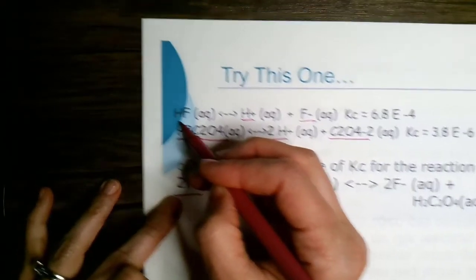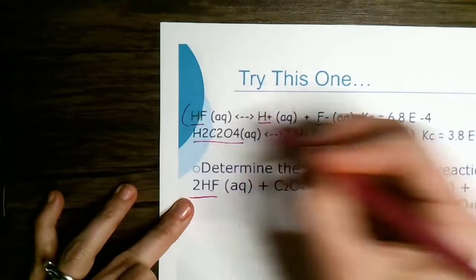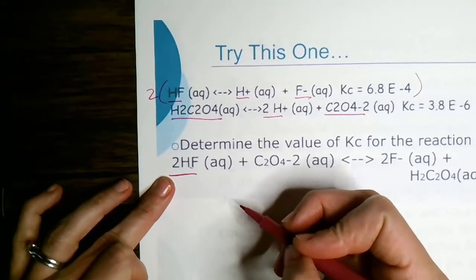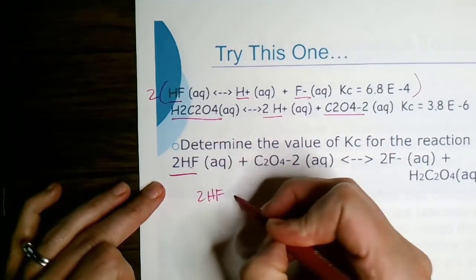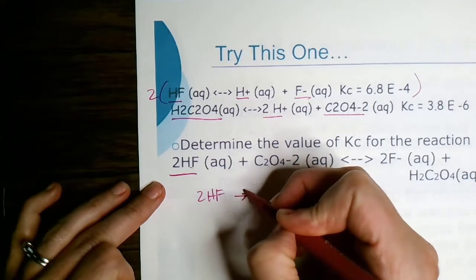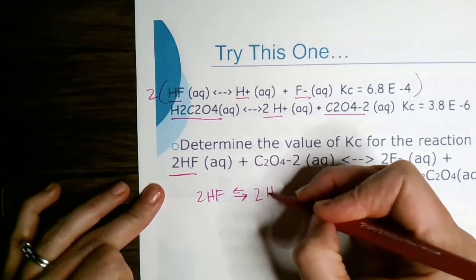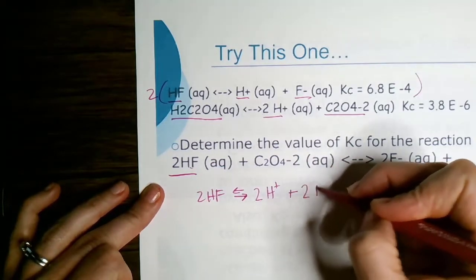Up here, HF is on the left side of the arrow, but I only have 1. So I need to multiply everything here by 2. That will give me, if I rewrite this equation, 2HF in dynamic equilibrium with 2H+ and 2F-.